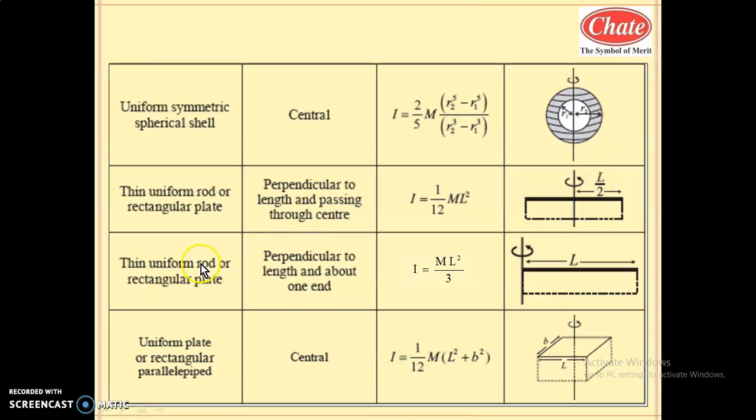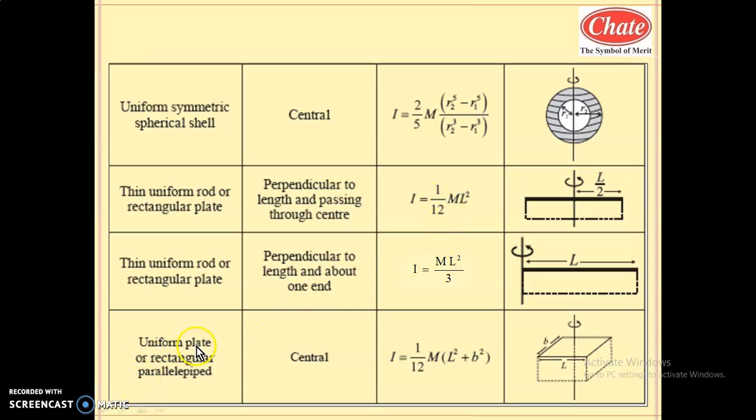So for a thin uniform rod or a rectangular plate, with the axis perpendicular to the length about one end, if the axis passes through one end of the rod, and L is the length of the rod, the moment of inertia equation is ML square by 3. You have to remember the formula. Also you can very easily obtain it by using the parallel axis theorem, I_C plus MH square.